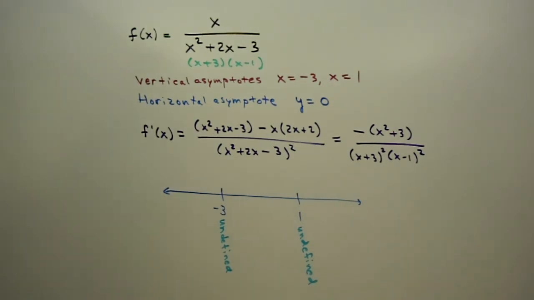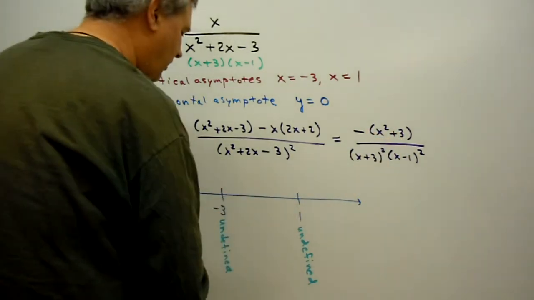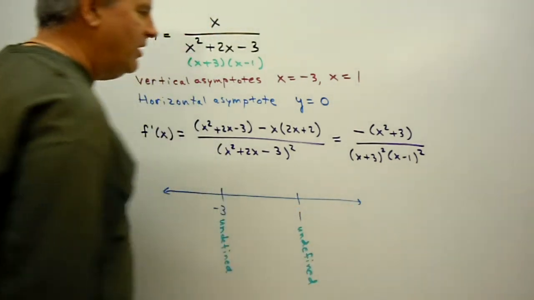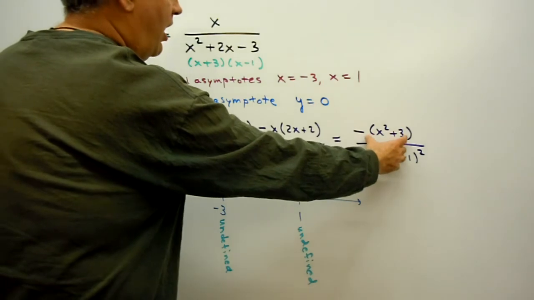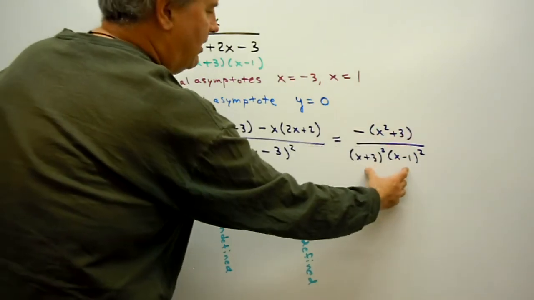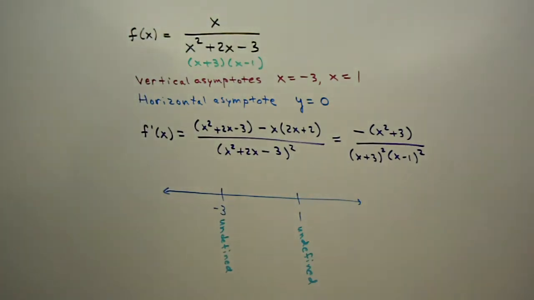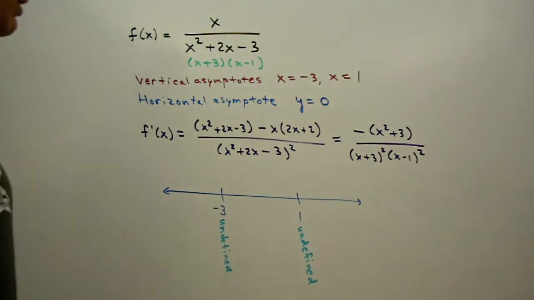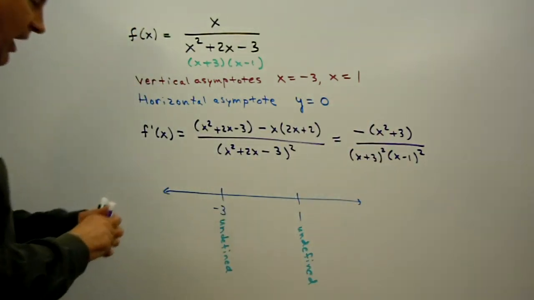However, if we look at the first derivative within these three intervals, from negative infinity to negative 3, negative 3 to 1, and 1 to positive infinity, the top of the first derivative is always negative. And then the denominator, always being squared, is always going to be positive. So any value that you put into this first derivative, where that first derivative is defined, it's going to be negative over positive, which is negative.